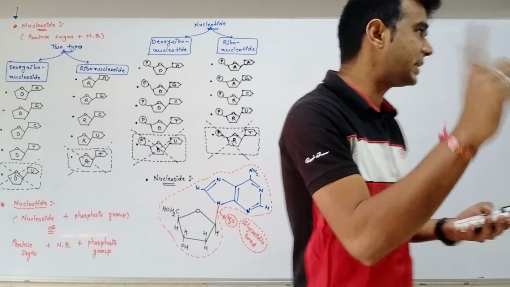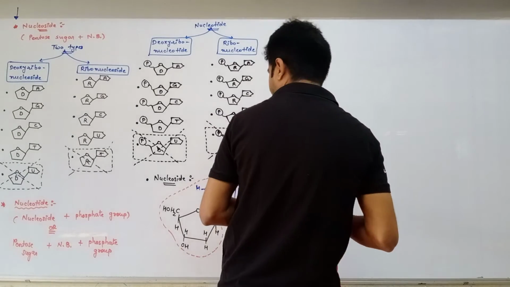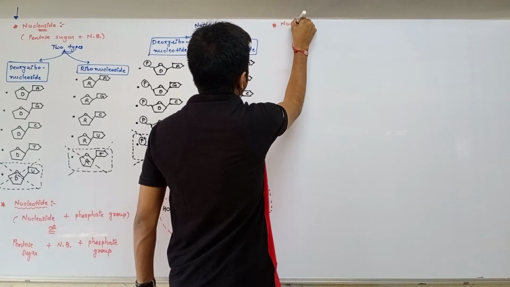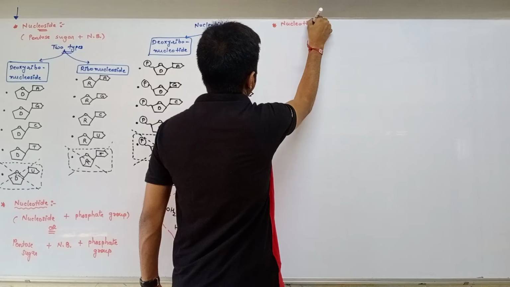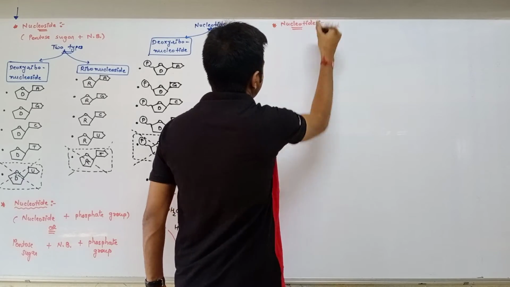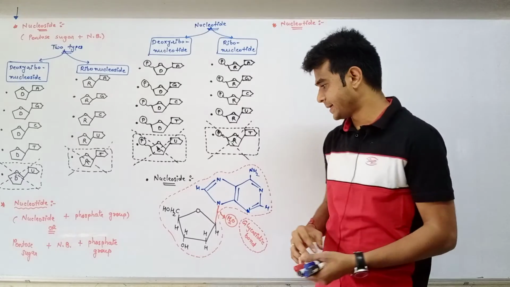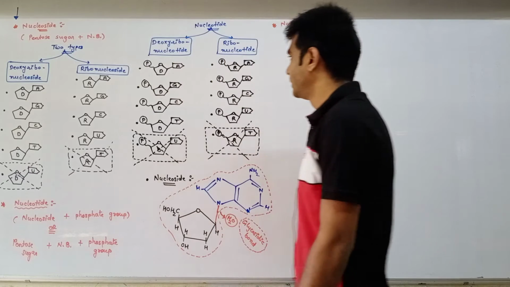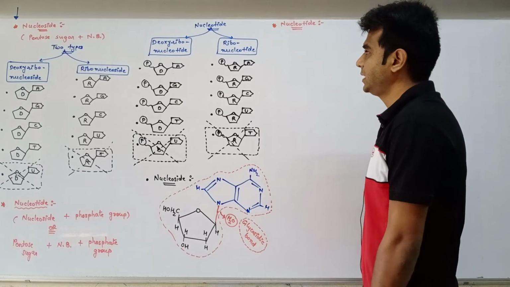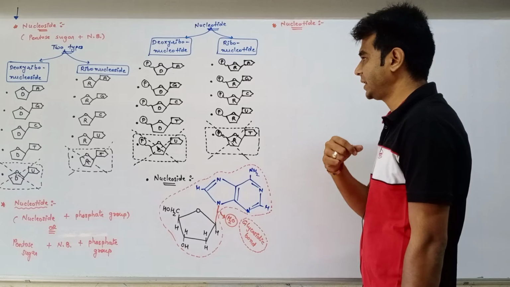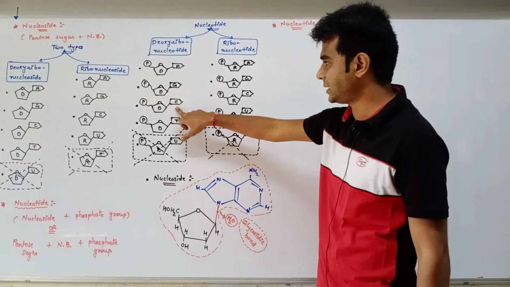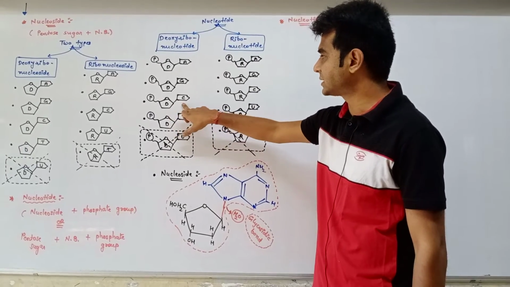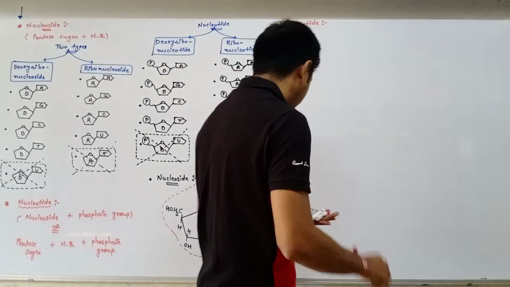Now, what is nucleotide? See, here I had already taken the adenine example from DNA. Fine. Deoxyribonucleotide purine nitrogen base I have already taken. Suppose for example, if you want to draw this one, fine, deoxyribose, cytosine and phosphoric acid.